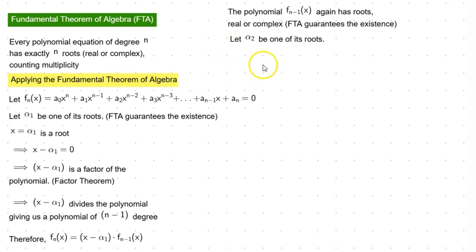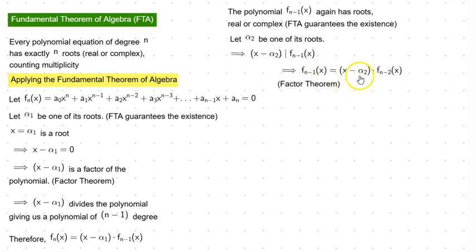Let alpha 2 be one of its roots, which implies x minus alpha 2 divides f_(n-1)(x), which implies f_(n-1)(x) is equal to x minus alpha 2 times f_(n-2)(x). With again, the factor theorem we apply. Or in other words, that long division. The polynomial f_(n-2)(x) again has roots, real or complex.